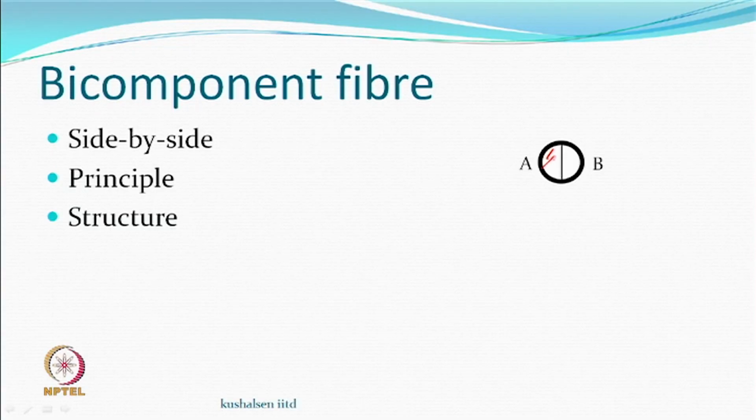So, it is up to you what you want to make. Two different kinds of polymers. If you do side by side, polymer A is, let us say, of one type, and B is of a different type.